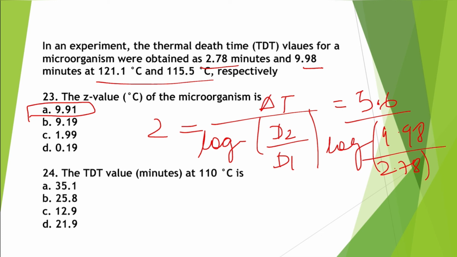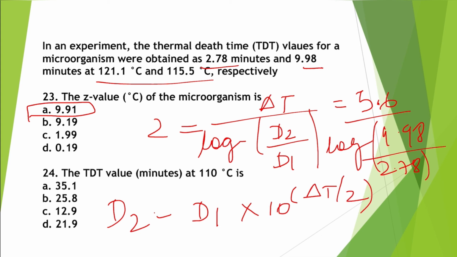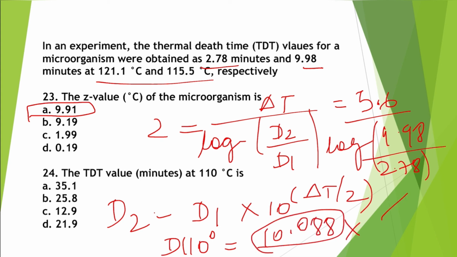Next question. What is the TDT value at 110 degrees Celsius? To find the TDT value, there is a formula, that is D2 equals D1 into 10 to the power of delta T upon Z. By applying this formula, you will get D at 110 degrees Celsius equals 10.088, and 10.088 is our answer for this question.